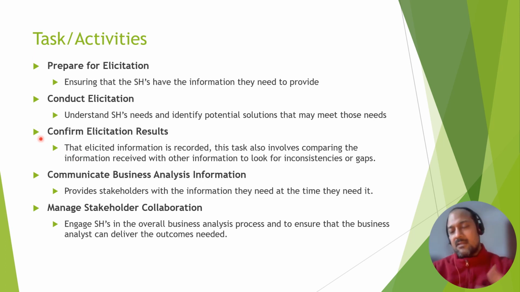So the business analyst confirms or verifies that information. The elicited information is recorded. This task also involves comparing the information received with other information to look for inconsistencies or gaps.